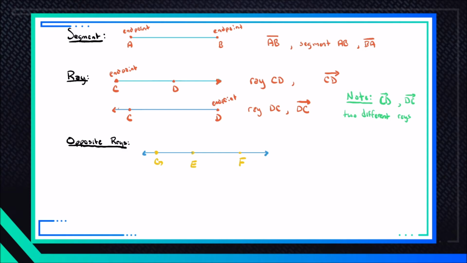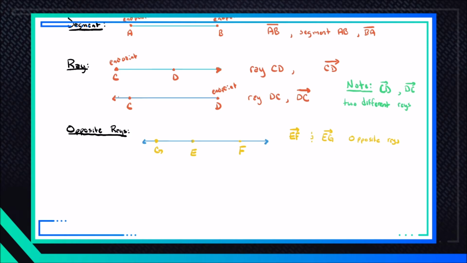And so ray EF with an arrowhead going this way, and ray EG, arrowhead going that way, are opposite rays. And notice when you make two opposite rays and connect them together, it looks like a line. So the key thing here is that it looks like a line.